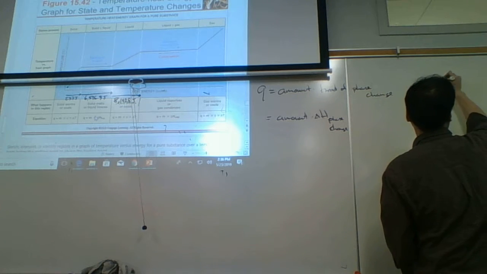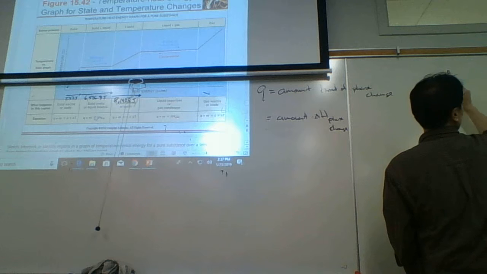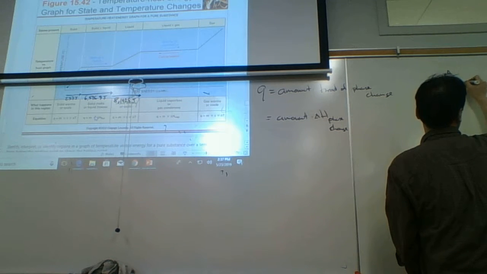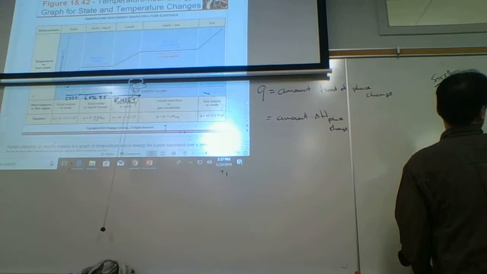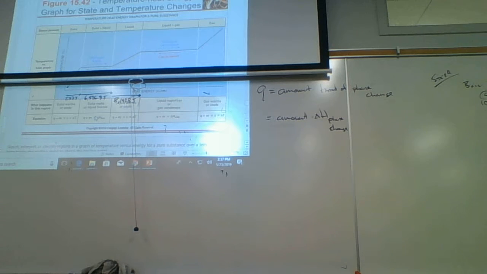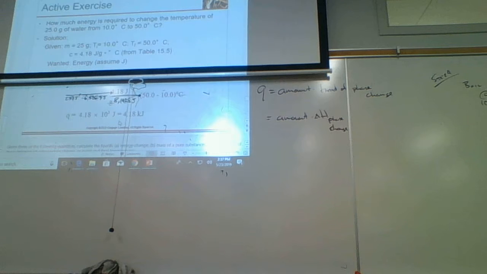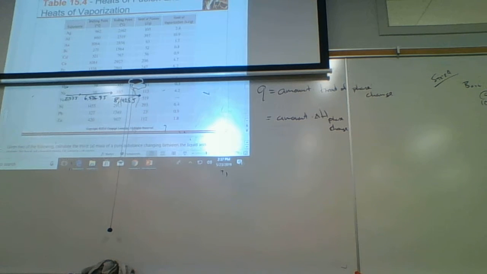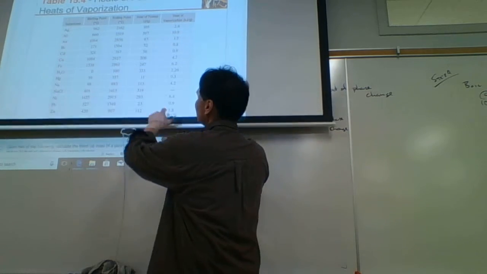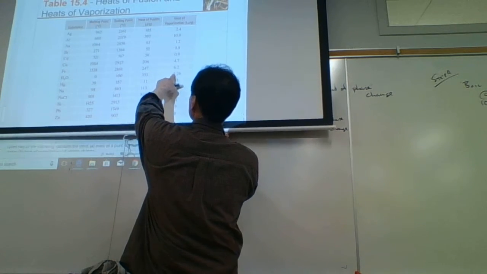And so step four is we're going to boil the water at 100 degrees C. And so I need the delta H of what? Vaporization.